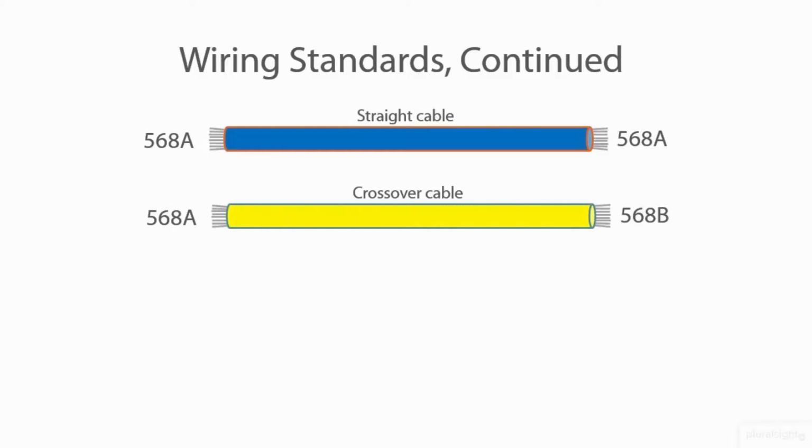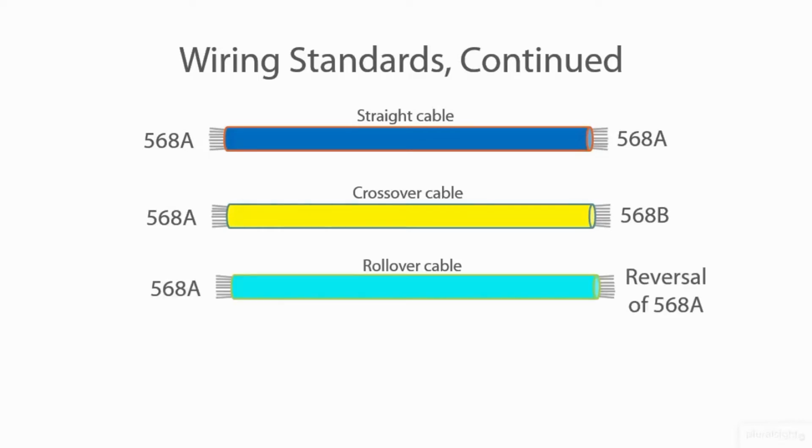So it would be send to send, receive to receive. That doesn't make sense. So a crossover cable just crosses over the send and receive wires such that send from one computer goes to receive on the other and vice versa. Crossover cables are normally yellow as a quick sanity check.